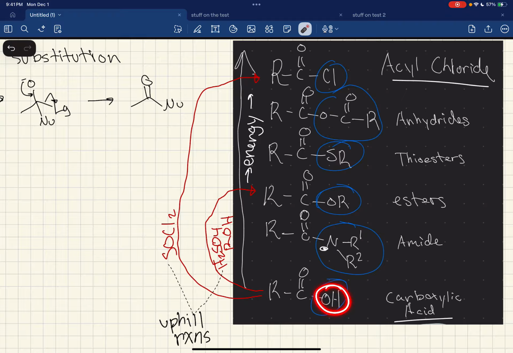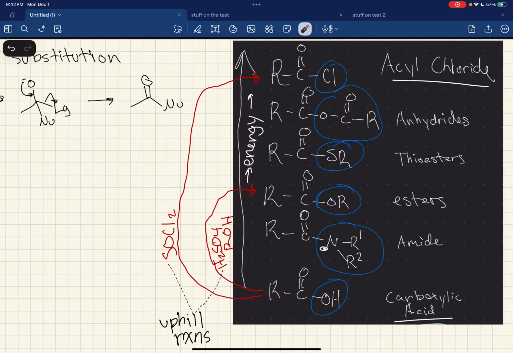It will protonate this OH group after this ROH group attacks this, which will make this the better leaving group than this, so it can form that. I don't know if that made sense. I don't think she talked about the mechanism for that one too much, but I think that's just enough information, knowing that acid and an alcohol will allow you to go from a carboxylic acid to an ester. Uphill reaction.